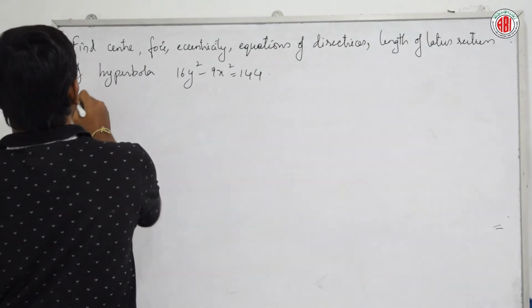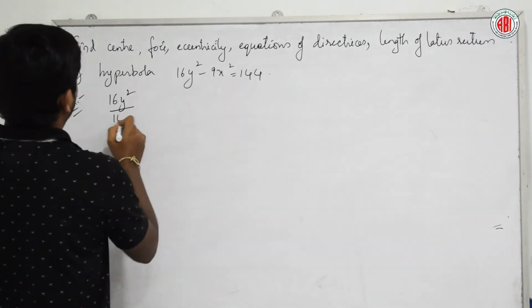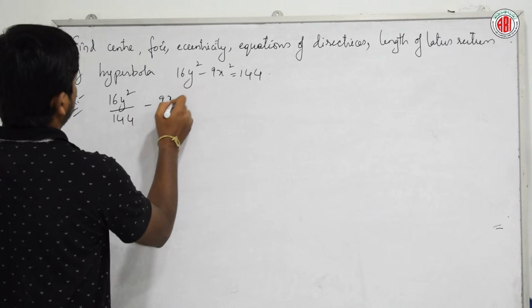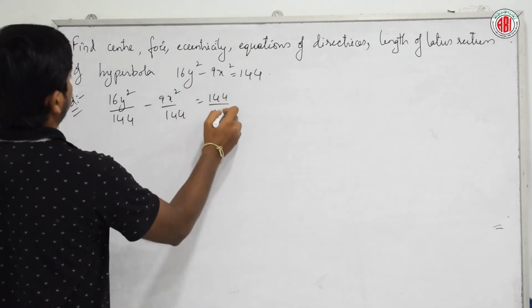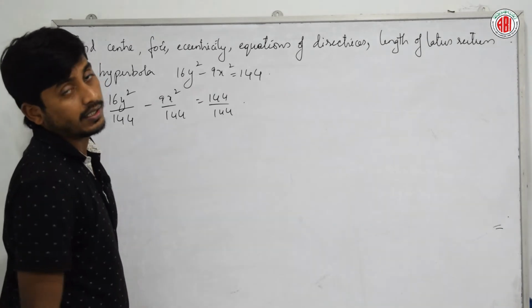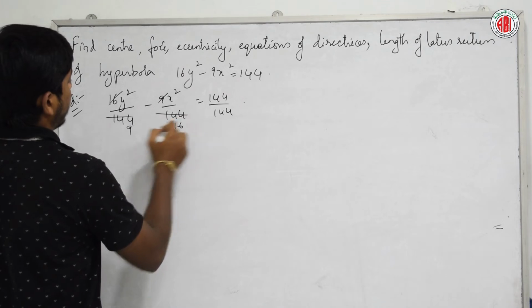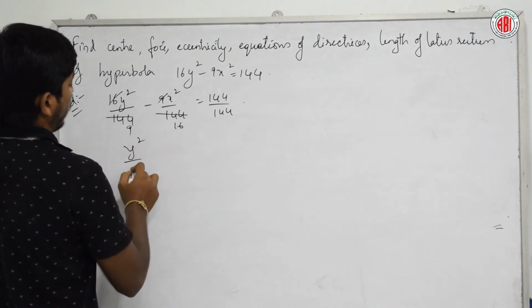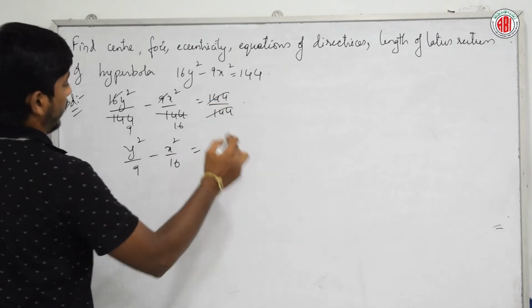Let us first divide by 144. 144 minus 9x square by 144 is equal to 144 by 144. So 16 ones are 16, 9s are 9, so y square by 9 minus x square by 16 equal to 1.